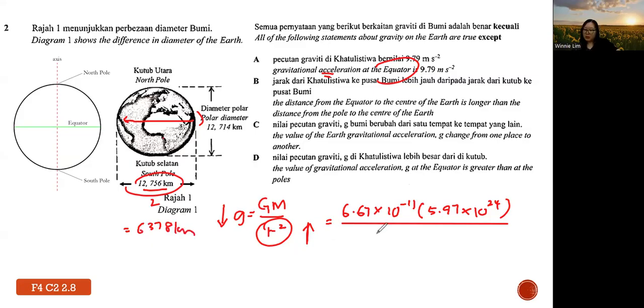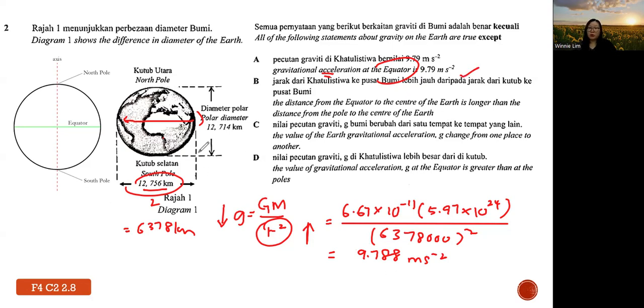Then we change it to meters, so everything is in SI unit. Then the whole thing has to be squared. As usual, you press the calculator, and you are supposed to get 9.788 meter per second squared. So that means it is correct, but they want the answer that is wrong.